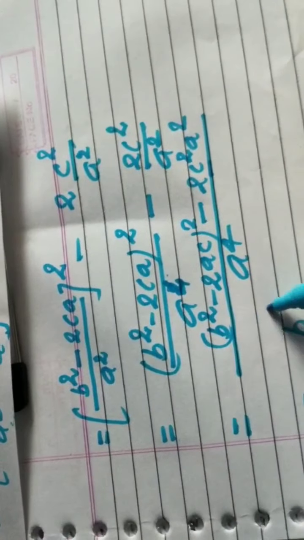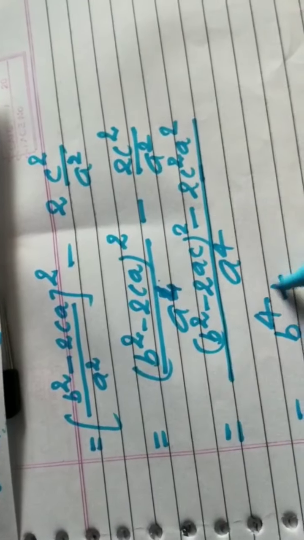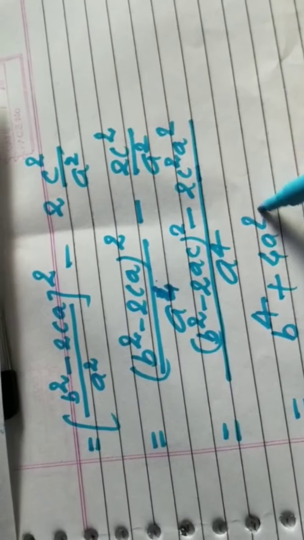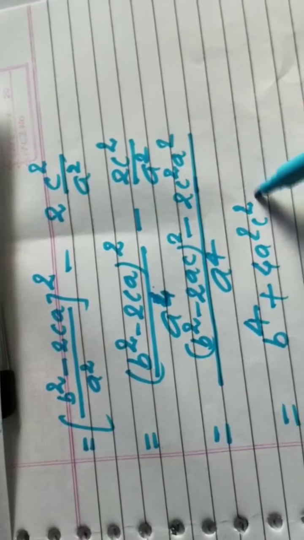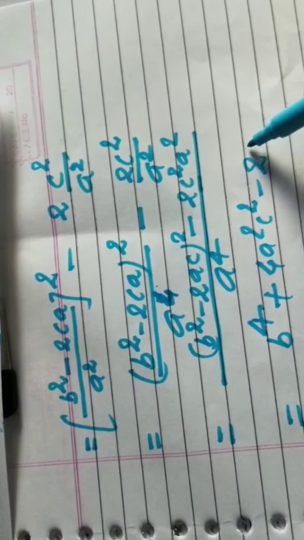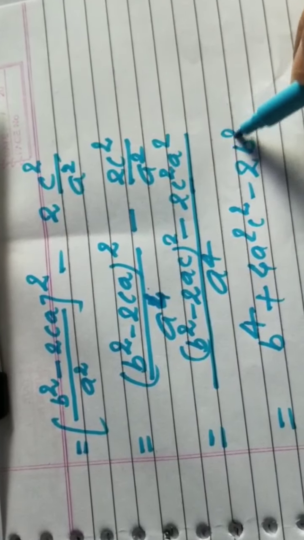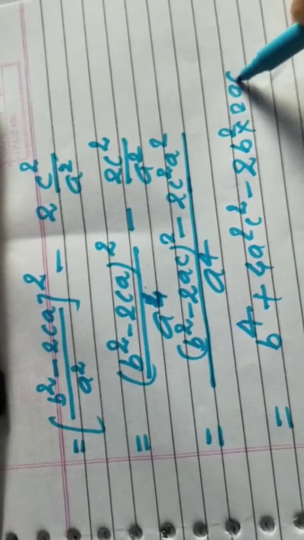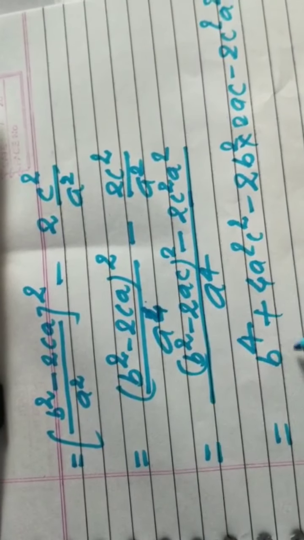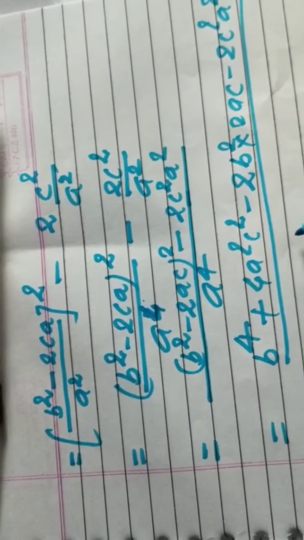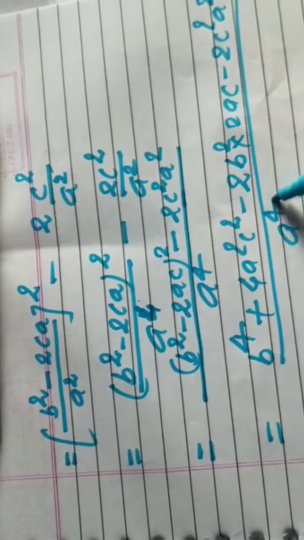So it will be b power 4 plus 4a square c square, a square plus b square minus 2a and 2ac minus 2c square a square upon a power 4.